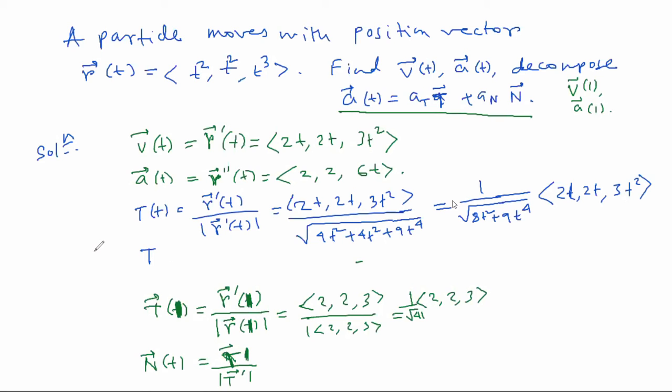So what is the normal vector? The normal vector is T prime over its magnitude, right? So what is T prime? You have to take the derivative of this, right?